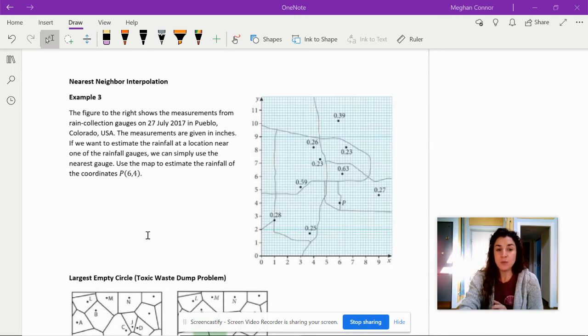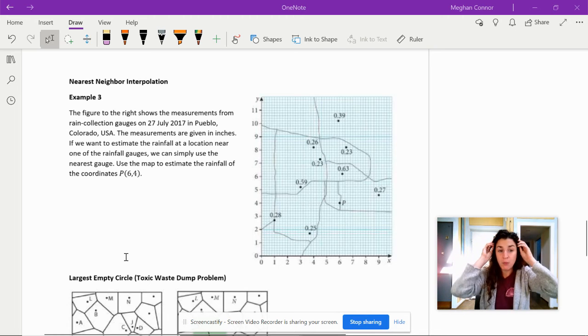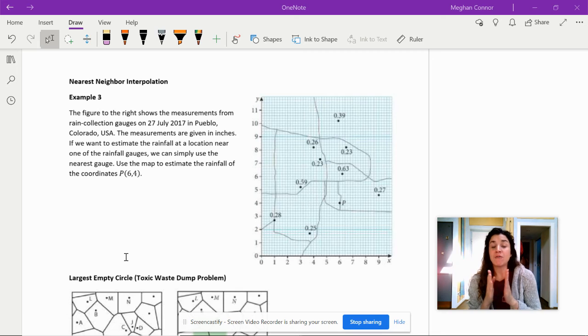So for instance, we have a map of Pueblo, Colorado, and this is from your book, that measures rainfall in inches. And we want to estimate the rainfall at a location near one of the rainfall gauges. And we simply use the nearest gauge. So we want to estimate what the rainfall was at point P. All of those other points that have decimals are rain gauges that are around the area.